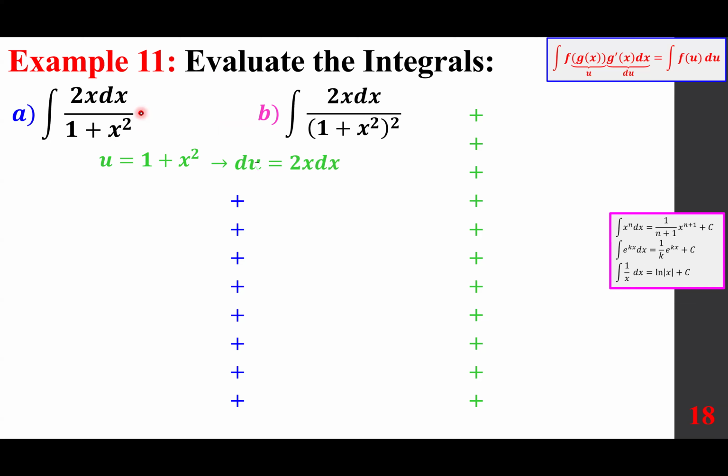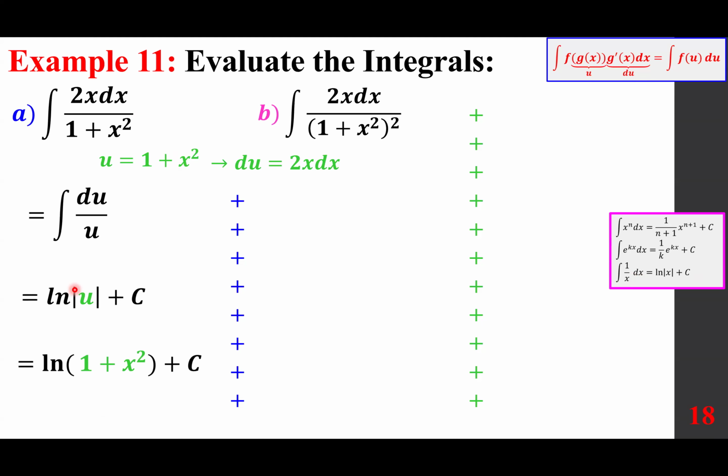So the first one is clearly the integral of du over u. And that follows the format, resulting in a natural log, and u can be replaced with 1 plus x squared. 1 plus x squared is positive, in fact greater than or equal to 1 all the time. You could drop the absolute value.